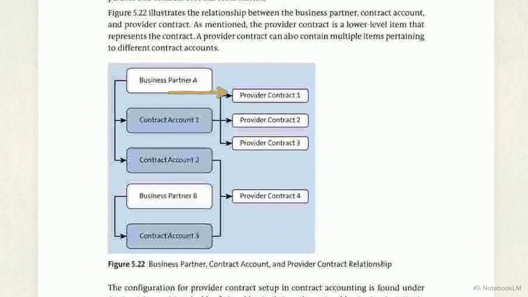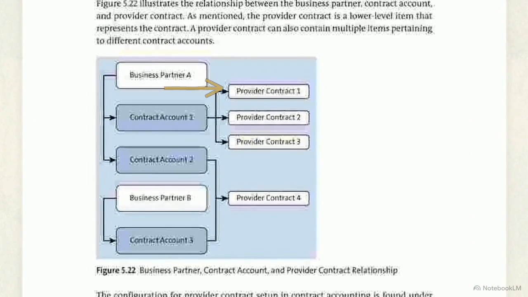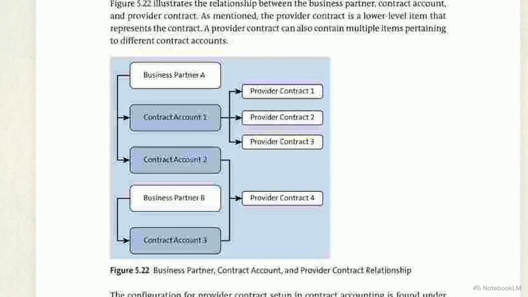The first and most precise location to configure the billing cycle is at the provider contract item level. When assigned here, the cycle synchronizes the timing between raw consumption items and the resulting billable items for that specific product. If a provider contract is built without a specified billing cycle, the scheduling engine engages its fallback logic and moves one step up the hierarchy to the contract account.